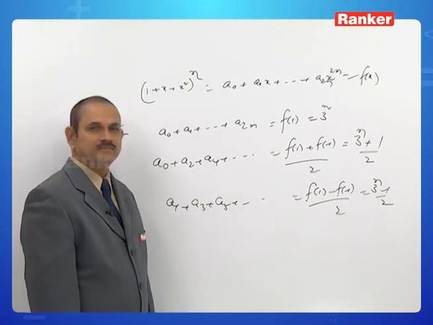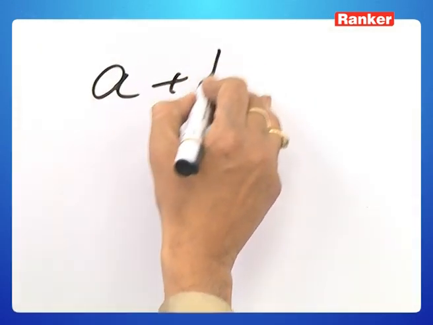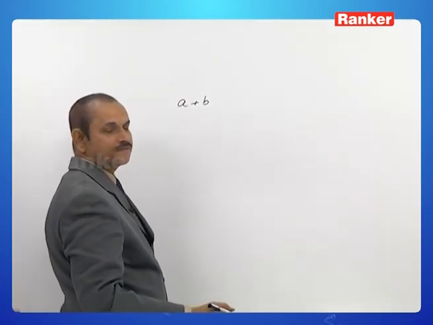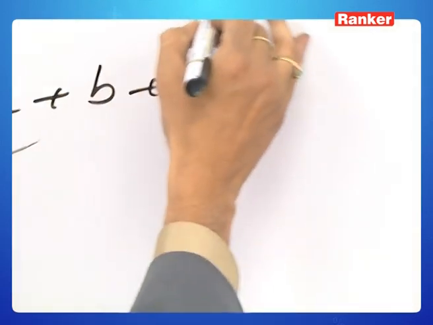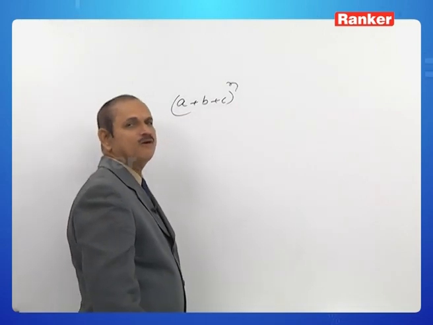Well, next one. The trinomial and multinomial theorems. What are they? If you have (a + b)^n, the formula which gives that expansion is of course called the binomial theorem, and if (a + b + c)^n is given, then it is called the trinomial theorem.